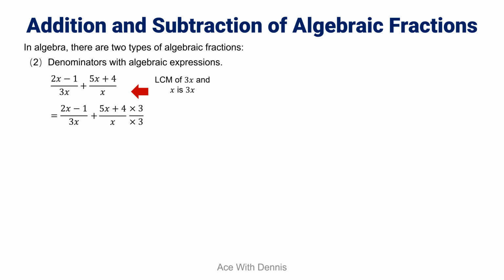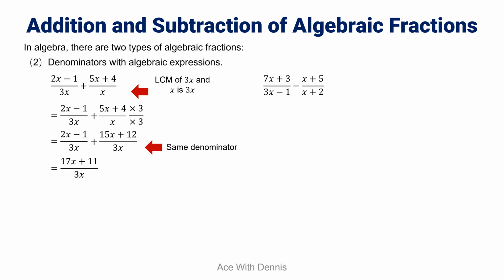But for the second fraction, we have to multiply by 3 for both the numerator and the denominator, so that it becomes 15x plus 12 over 3x. Now both fractions have the same denominator, so we can perform the addition. 2x plus 15x gives 17x, negative 1 plus 12 gives positive 11. So the answer will be 17x plus 11 over 3x.